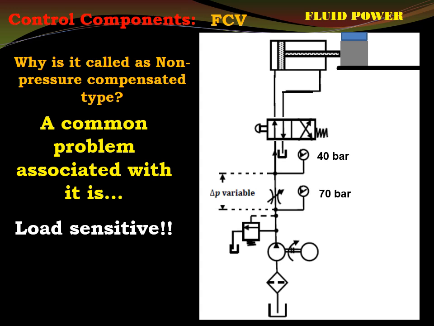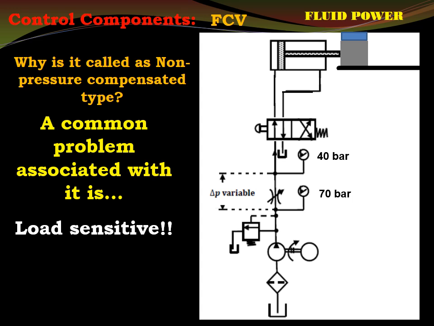You may think that if we control the area, if we adjust it accordingly, then definitely speed of actuation may remain constant. Yes, that's true. But that is not what we expect. What we expect is the valve will adjust itself in such a manner that with the change of the load, speed of actuation will also remain constant.